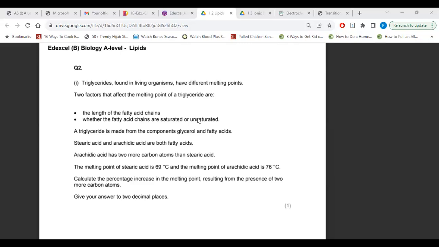Not just in your paper 3, also a lot in your paper 1 as well, where they will give you numerical data and they will expect you to be able to go ahead and calculate the percentage increase, either from the numerical data provided to you or from the graph that has been provided to you. So let's go ahead and see how we can solve questions like this.